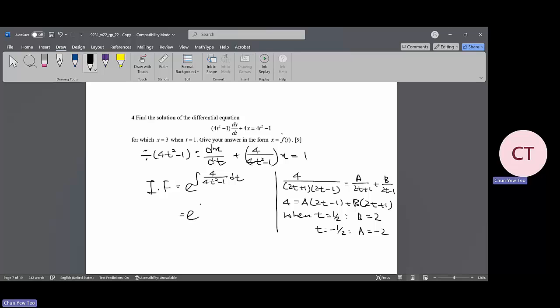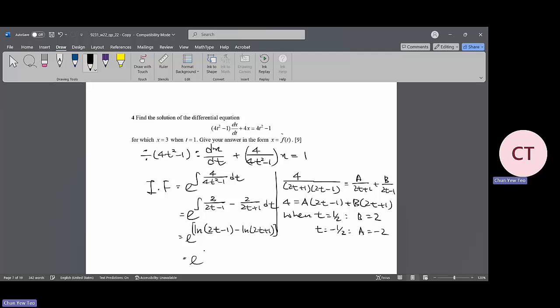So that means these integrations can be written as, I put b in front, 2 over 2t minus 1 minus 2 over 2t plus 1. Then when you integrate it, it will be ln of 2t minus 1 over 2t plus 1, actually no need to put modulus, the whole thing as the power.